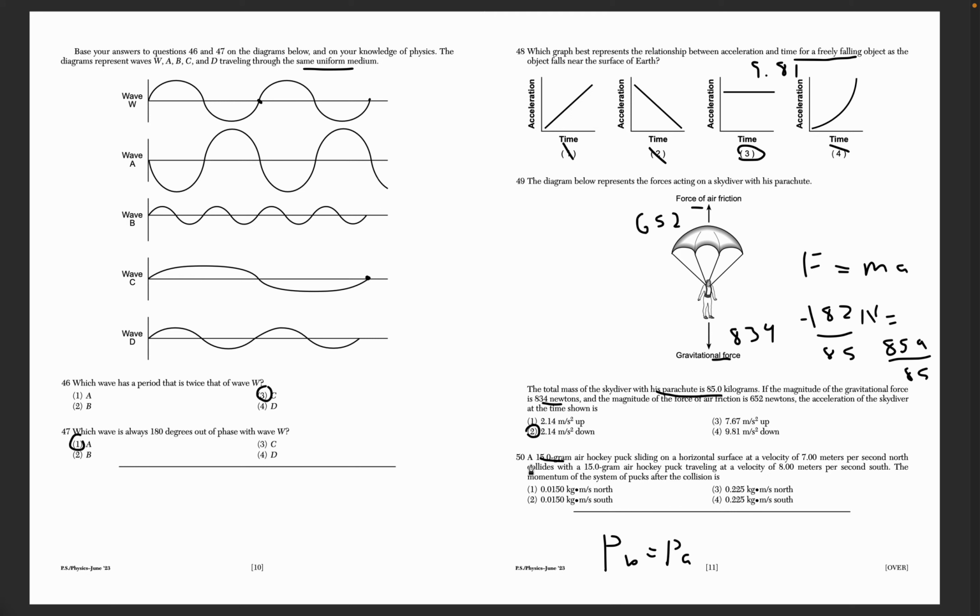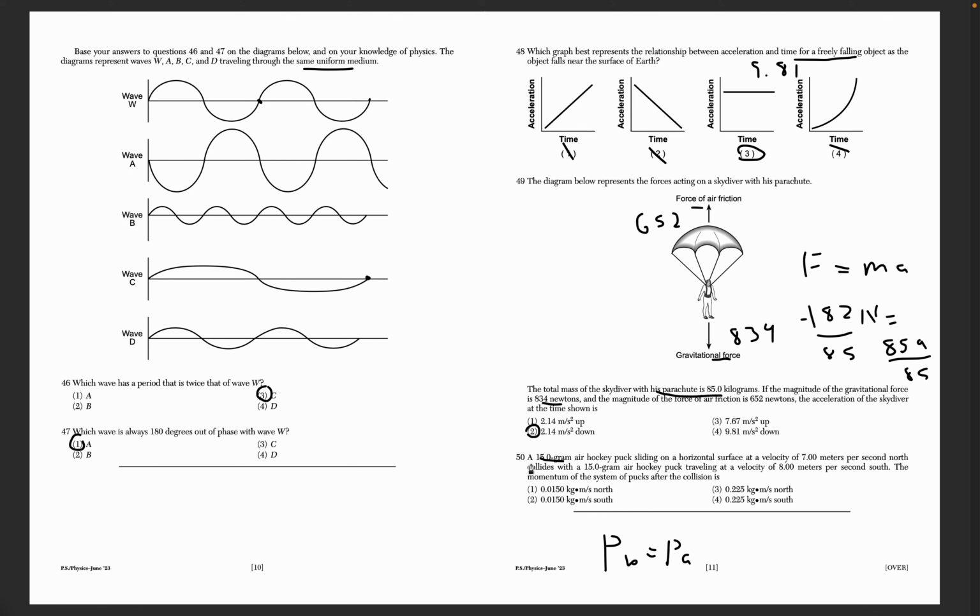Let's check the reference table: there's 1,000 grams in a kilogram, so 15 grams times 1 kilogram over 1,000 grams times this velocity, 7 meters per second, plus the other puck's momentum. 15 divided by 1,000 is 0.015.